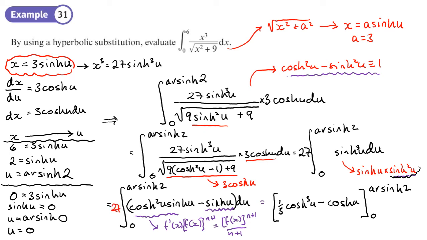We've got the 27 there and the 27 there. And once we evaluate that, you'll get 18 root 5 plus 18.